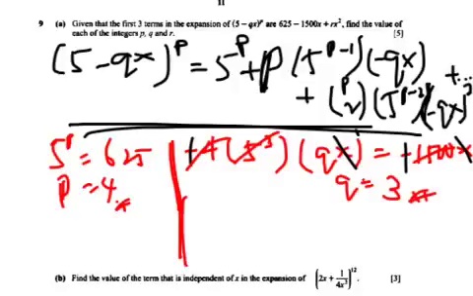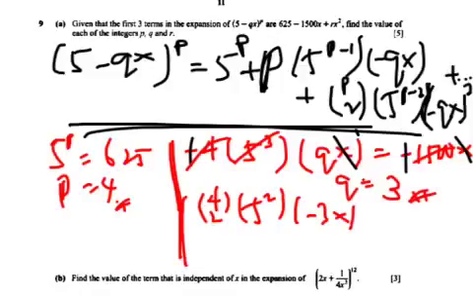So the last term is 4 choose 2, 4C2, and 5 to the second power, and then you have negative 3x squared equal to rx squared.